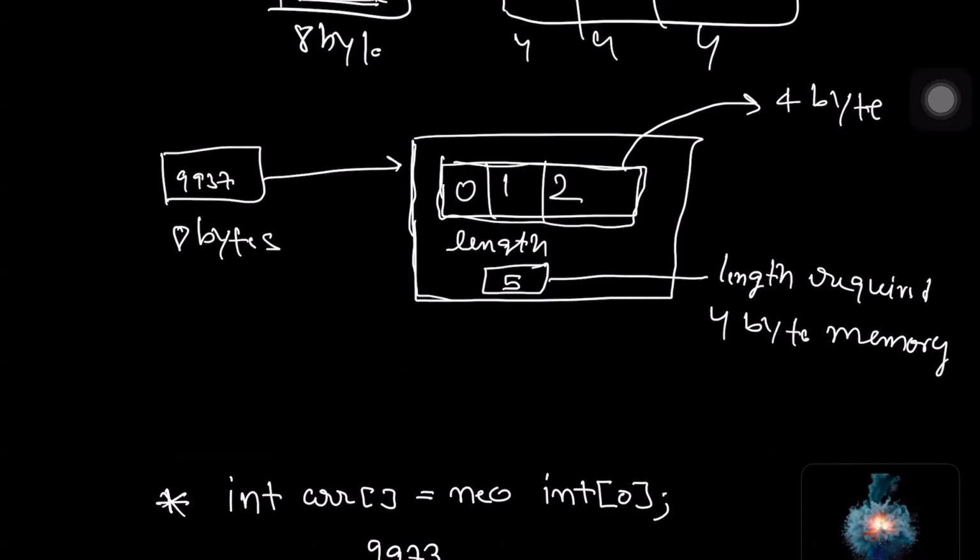There is a property called length in an array because an array is an object in Java. So the object will hold a property called length. Always you will have this property whenever you create an array. By default this property will get initialized with the size of your array. So each block will take 4 bytes and the length property will take 4 bytes.